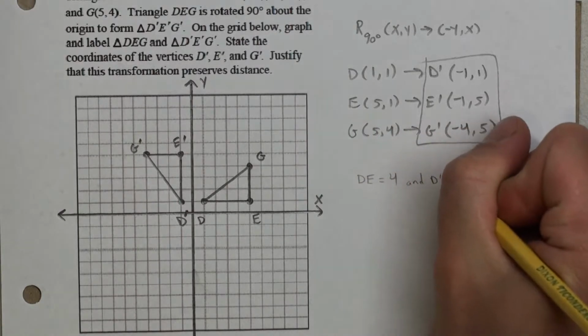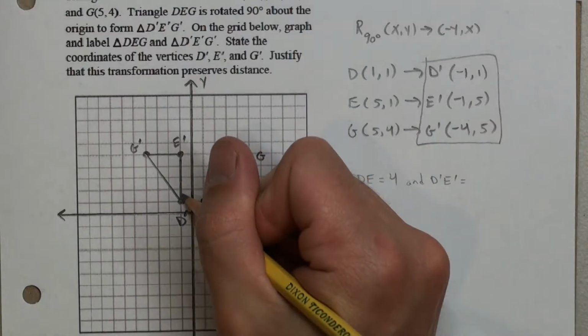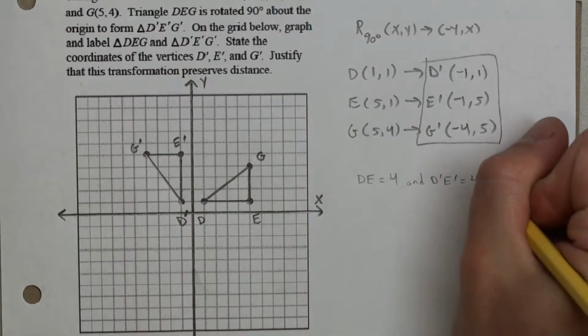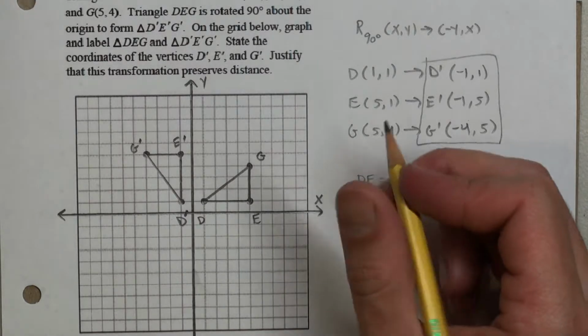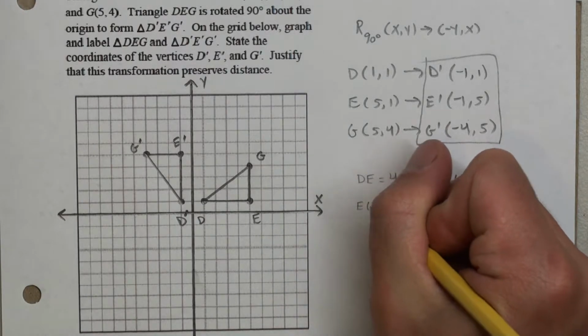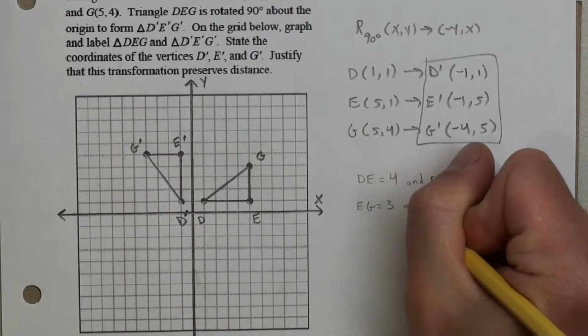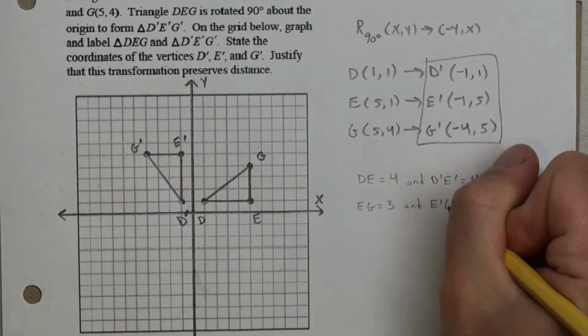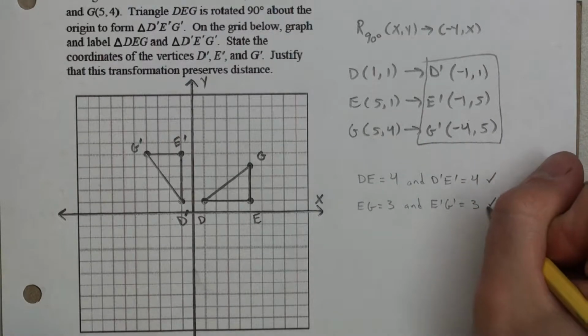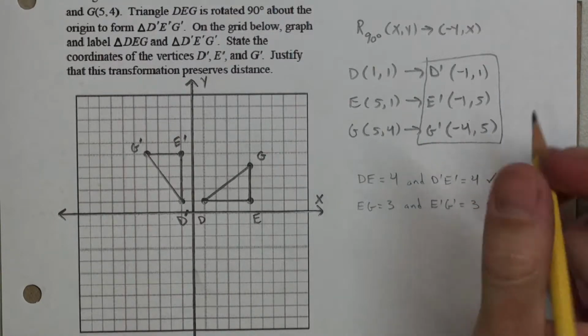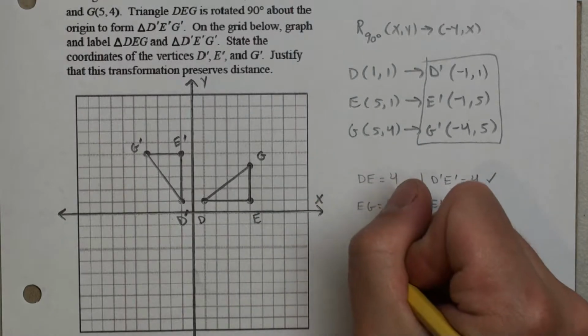And D prime, E prime equals 1, 2, 3, 4. So we'll check that off. EG equals 3, and E prime, G prime equals 3. So we'll check that one off.